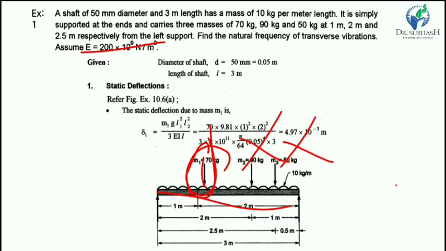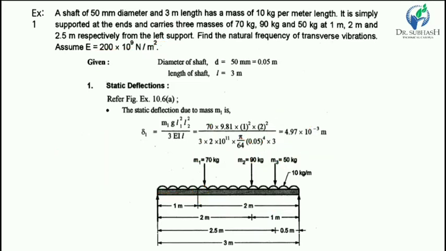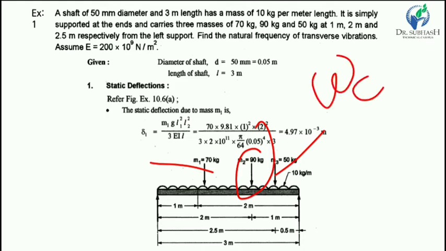Only mass 1, a single rotor, is considered, and for that case omega C1 is found for the single rotor. Then this rotor is removed and only rotor 2 is placed onto the shaft, and for this rotor we have to find omega C2, the circular frequency of rotor 2.